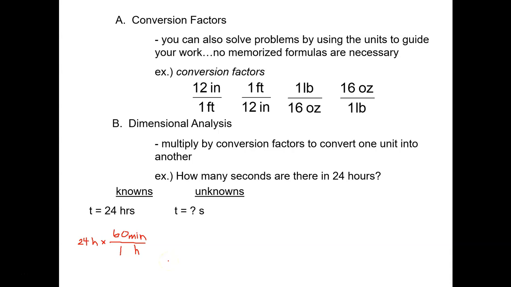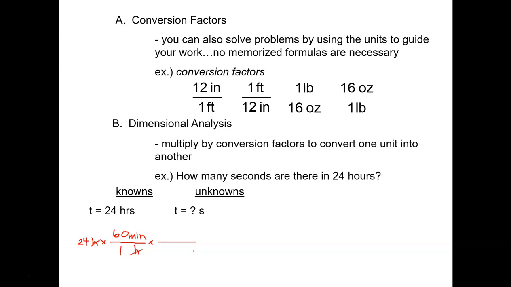Okay, so I have a conversion factor there. I have two units that are the same. 60 minutes is the same as 1 hour. I have hours on the bottom simply because I need hours to cancel. Now, I'm not done yet because all I've done is change this into minutes, and I need to get to seconds. So now I'm going to multiply by another conversion factor.